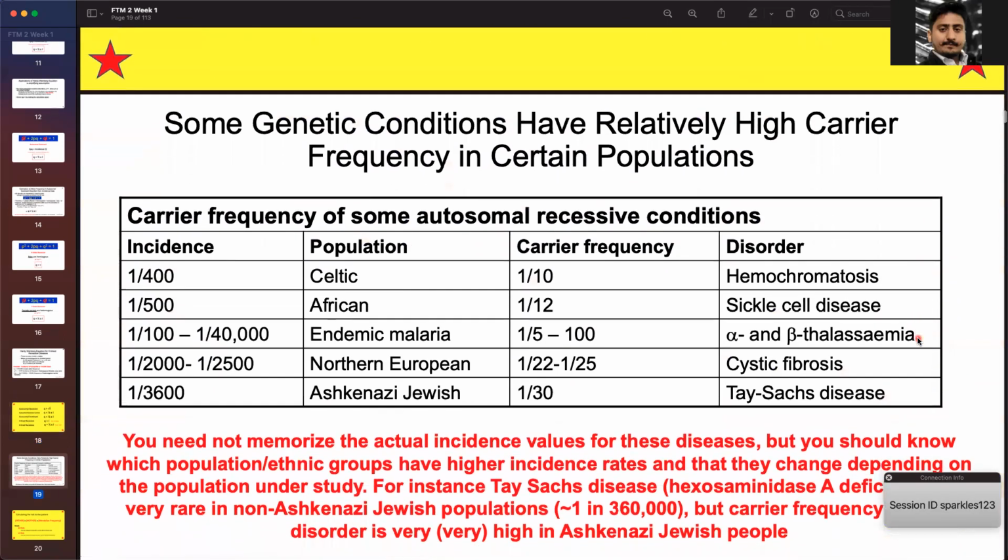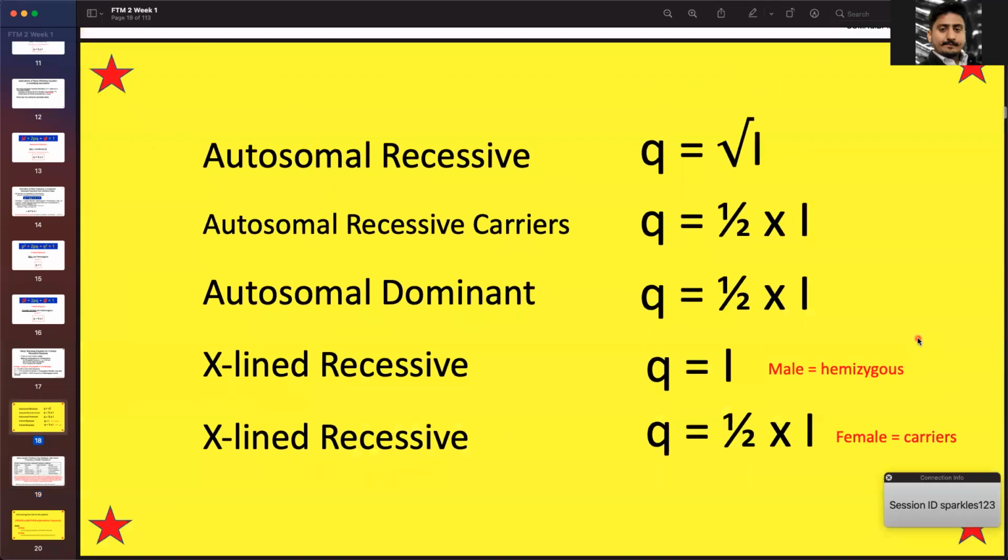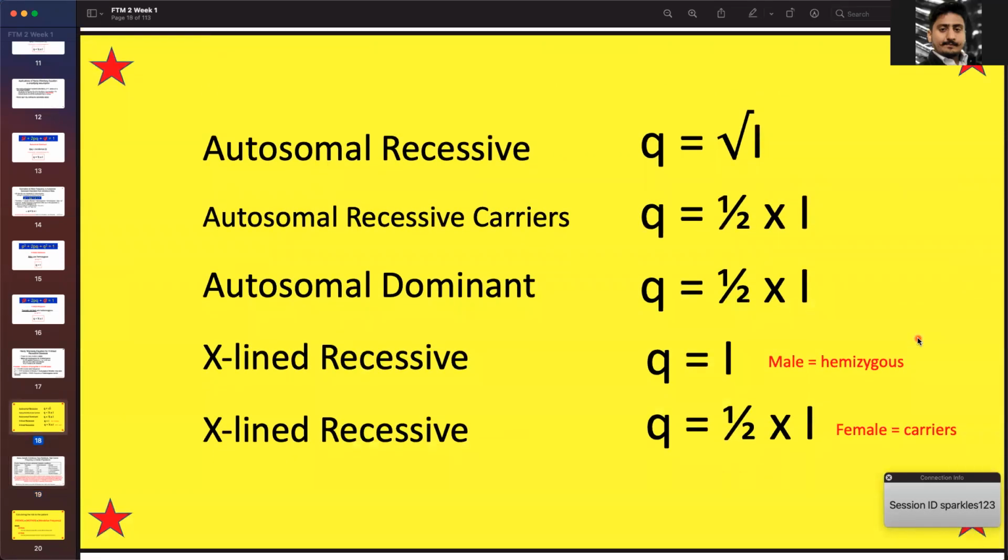So for autosomal dominant and X-linked recessive for females would be the same formula? Yes, because if you think about it, the autosomal dominant is going to manifest itself in the heterozygous state. And when you're looking at X-linked recessive carriers, you're also looking at heterozygotes.